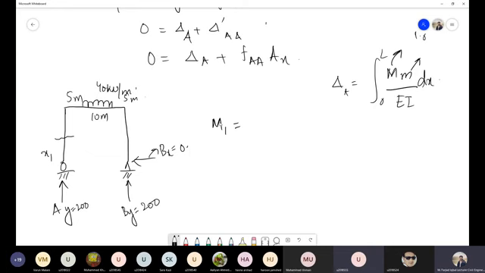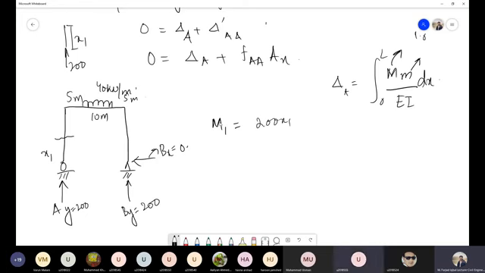x1 and... For example, if I give you this beam, there is this load of 200. This distance is x1. What will be the equation of movement? 200 into x1. 200 into x1. Are you sure?